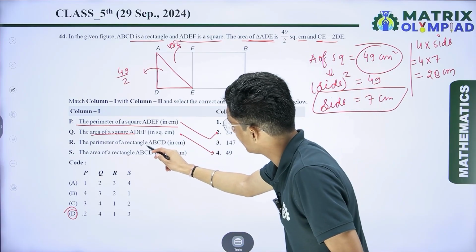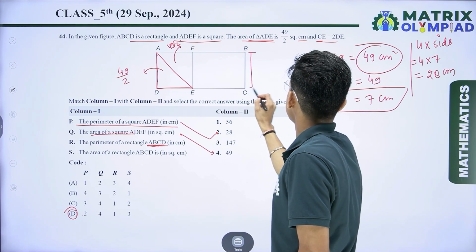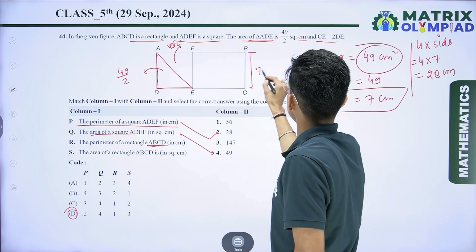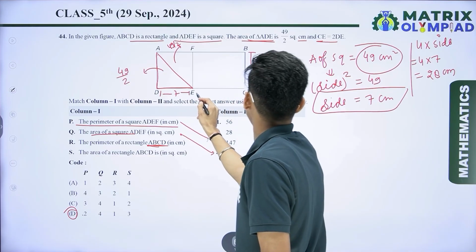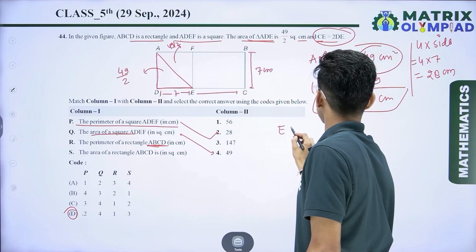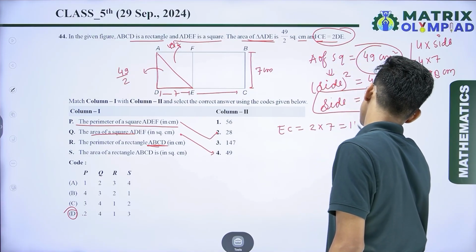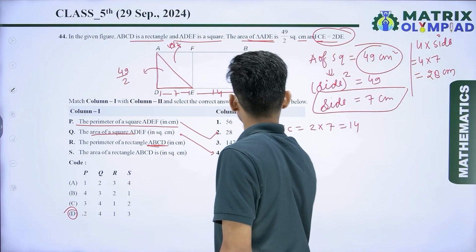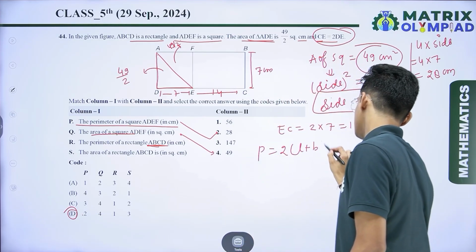The perimeter of rectangle ABCD, we have to find the perimeter. So first, the given side is 7 centimeter, and this one is also 7 centimeter. Now we have to find EC. We can say that EC is equal to 2 times DE, and DE is 7, so I can say that this one is 14. The perimeter of a rectangle is equal to 2 bracket length plus breadth.